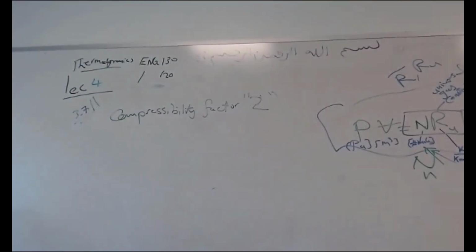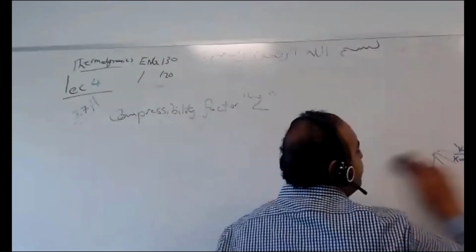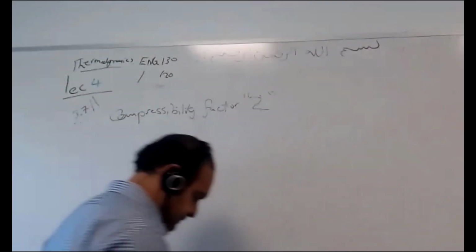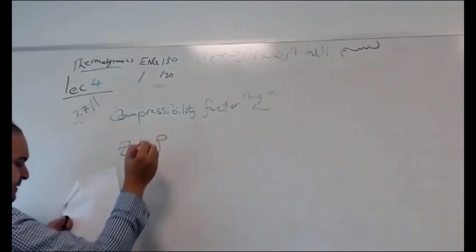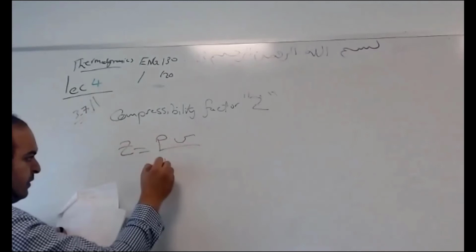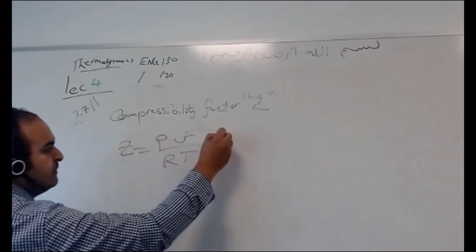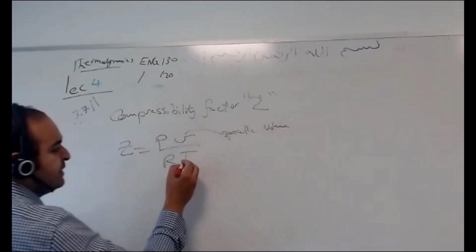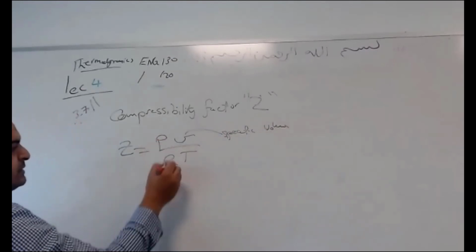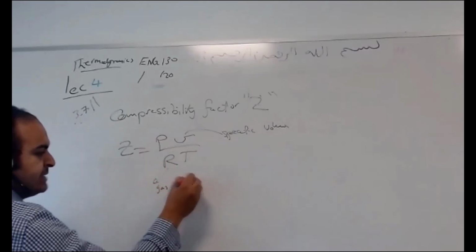This compressibility factor is so important for us, and I'll tell you why. Z is Pv over RT. This is specific volume, this is temperature, this is the universal gas constant, this is the gas constant, in SI units.